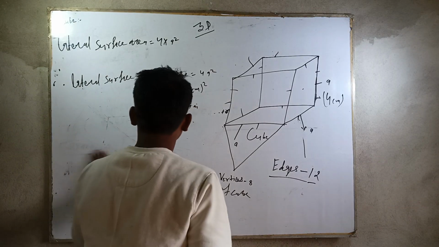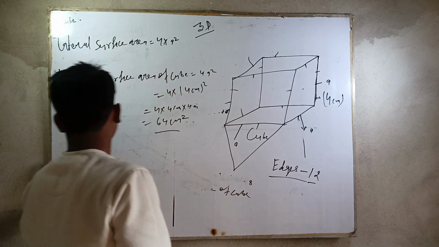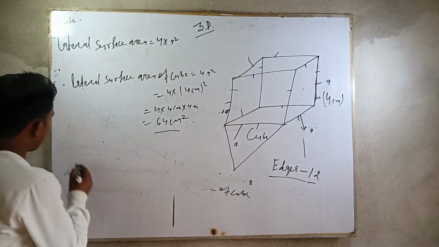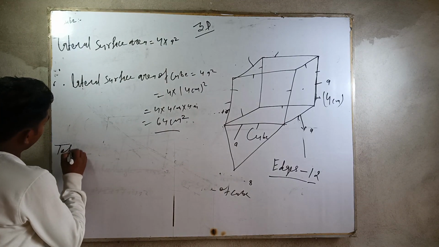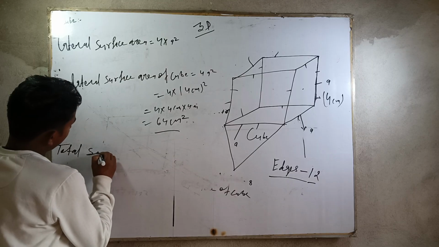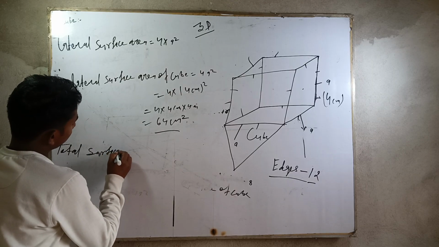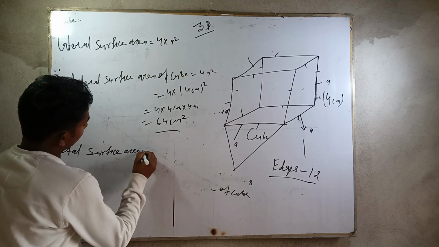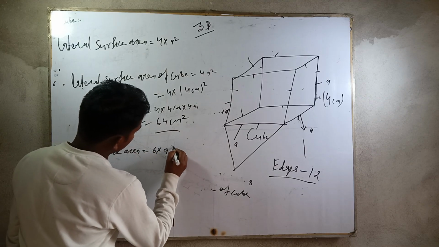If the question asks to find its total surface area, then how will I find it? Total surface area equal to 6 into a square.